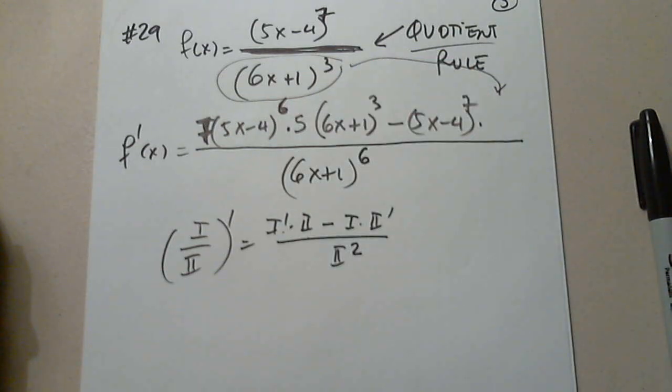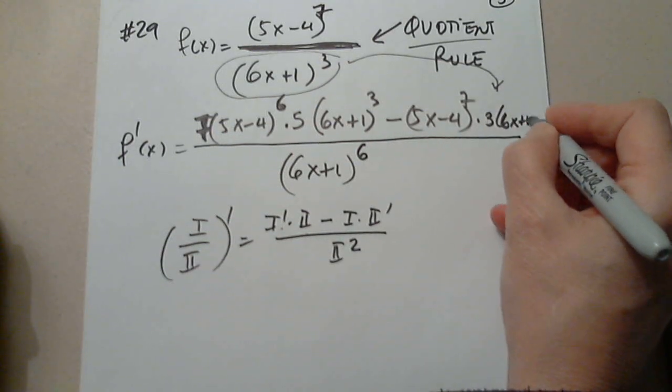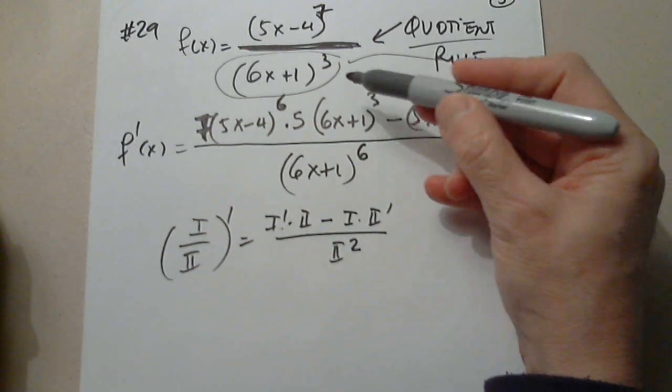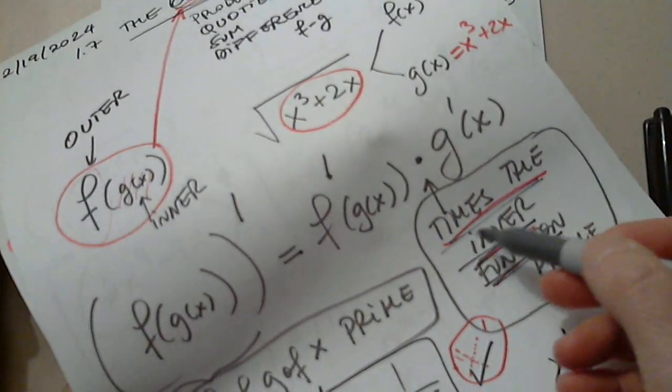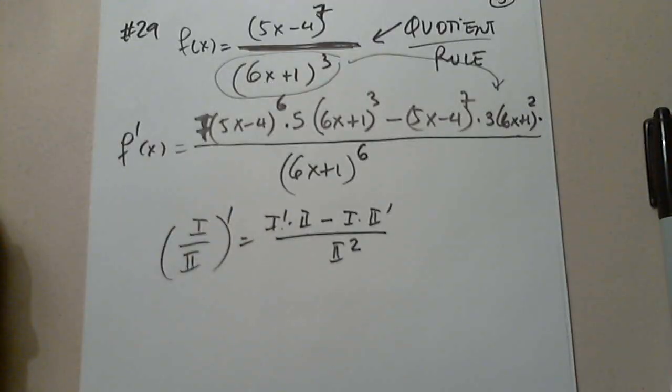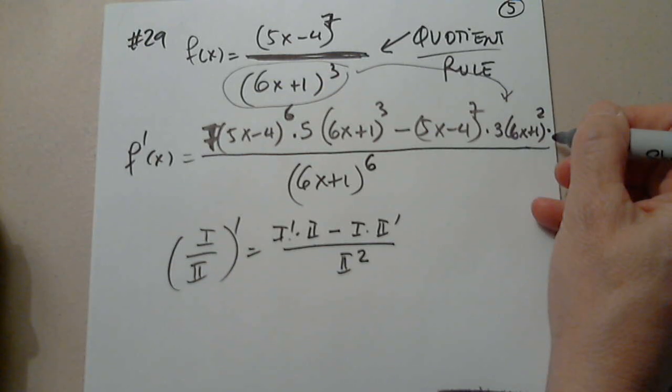Can anyone help with 6x plus 1 to the third prime? 3 times 6x plus 1 to the second power, times the inner function prime, times 6.